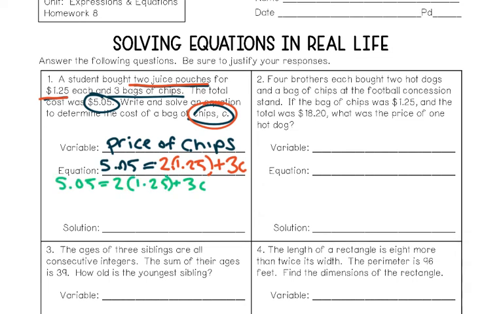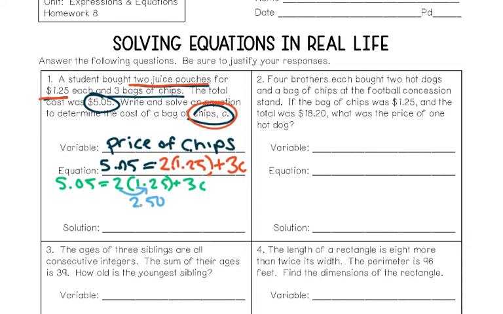Okay, so let's get started solving this equation. What is our first step going to be? First step is going to be multiplying 2 times the 1.25, which gets us a total of 2.50. So we're going to put that right down there.